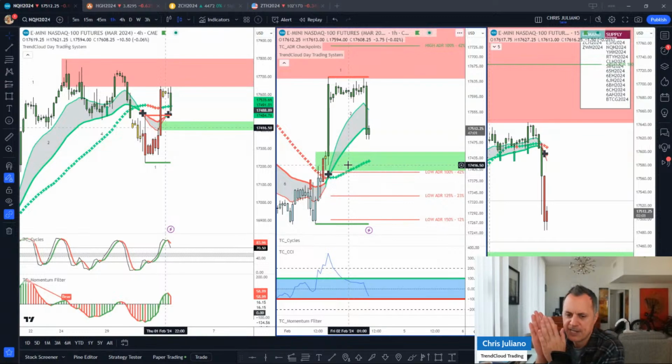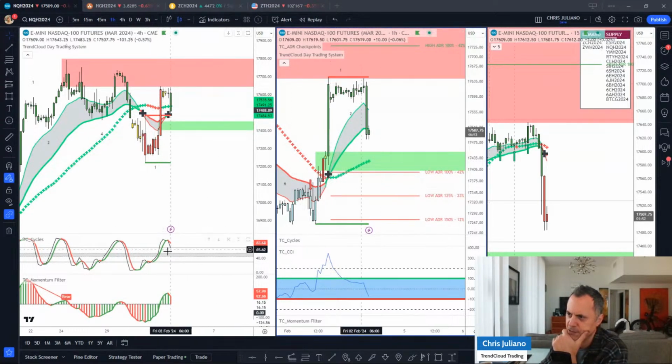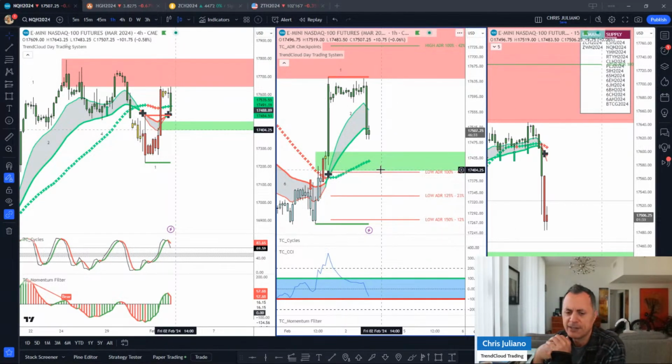So if there's terrible news out and market sentiment is to the downside, and we're seeing that momentum shift, we've already got it on the high time frame, and we're waiting to see that CCI break below -100. And if we crash below this demand zone here, now we've got a lot of evidence to the downside.